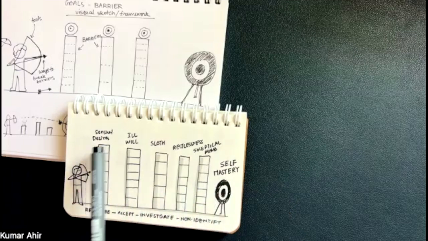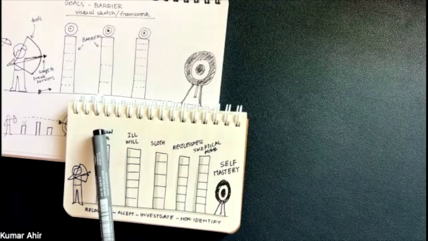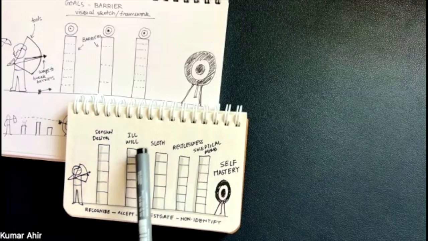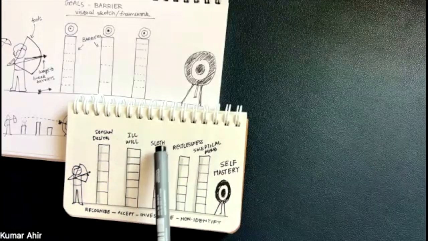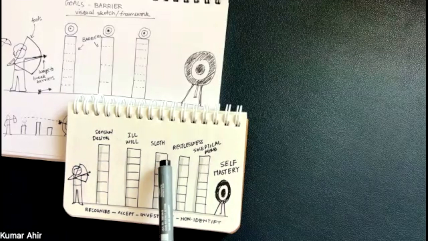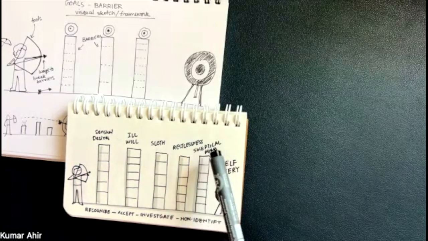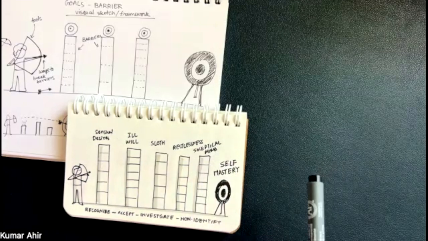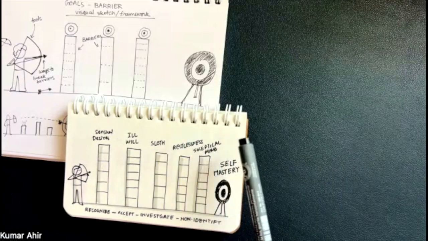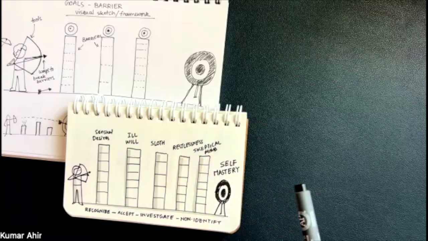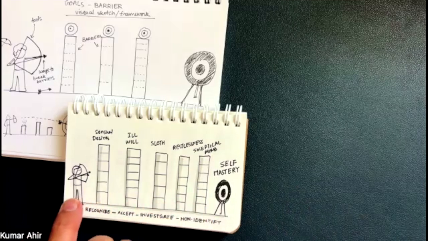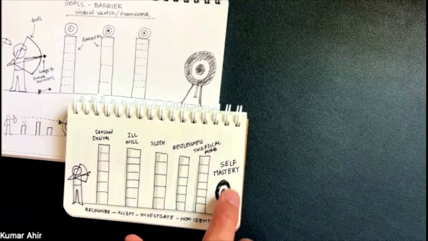Those hindrances are sensual desires, wanting to satisfy our desires to, let's say, eat something or see something; then ill will or negative emotions; then sloth, which is laziness or sleep, or not wanting to do something out of indulgence; restlessness, which is overthinking about the past or being worried about the future; and then skeptical mind, which is self-doubt, doubting our confidence or our skills, doubting ourselves itself, right?